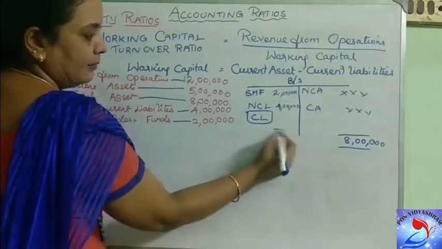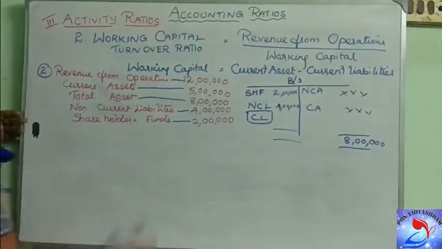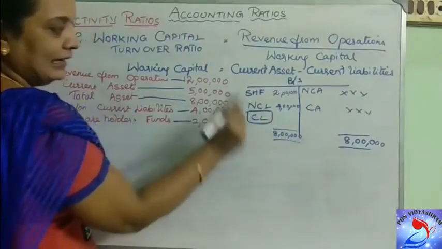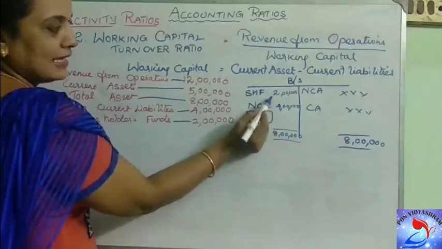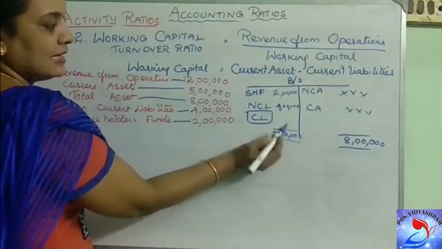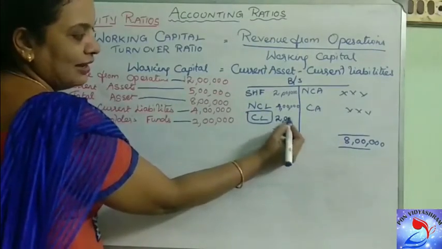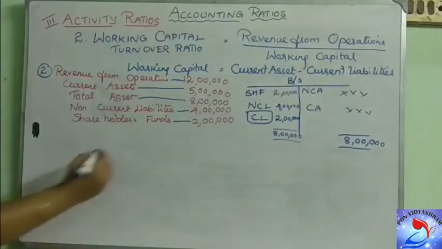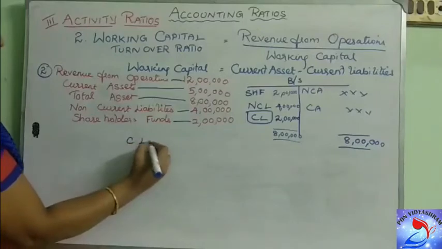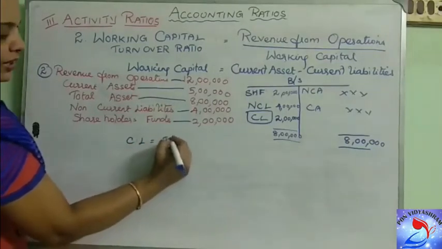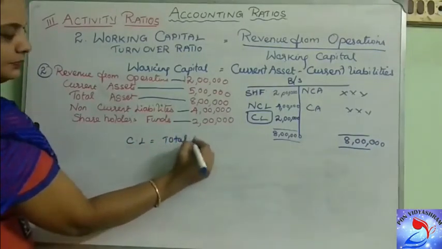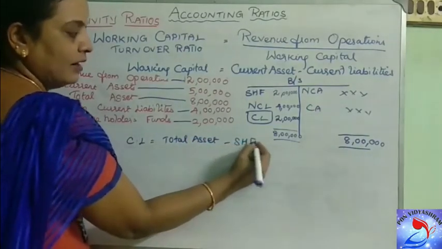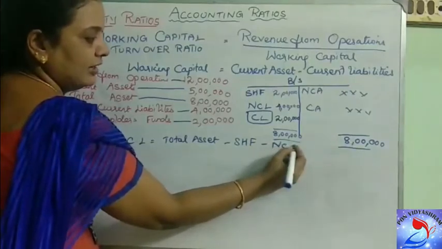Always in the balance sheet, what is that? Asset is equal to capital plus liability. So 8 lakh minus 6 lakh, that is 2 lakh, will give you your current liability of 2 lakh. Now you can apply the formula very easily. Current liability is equal to total asset minus shareholders fund minus non-current liability.